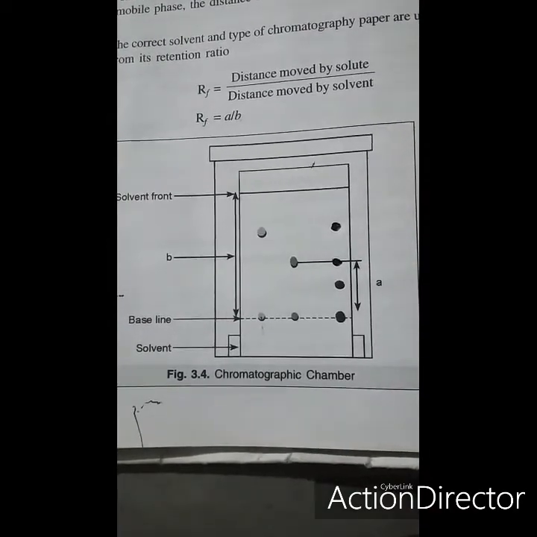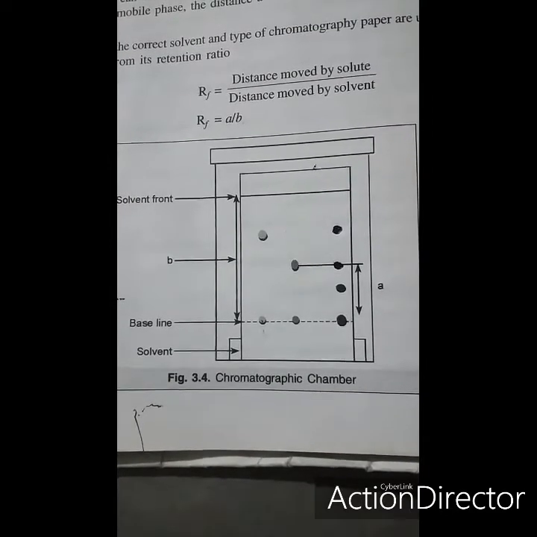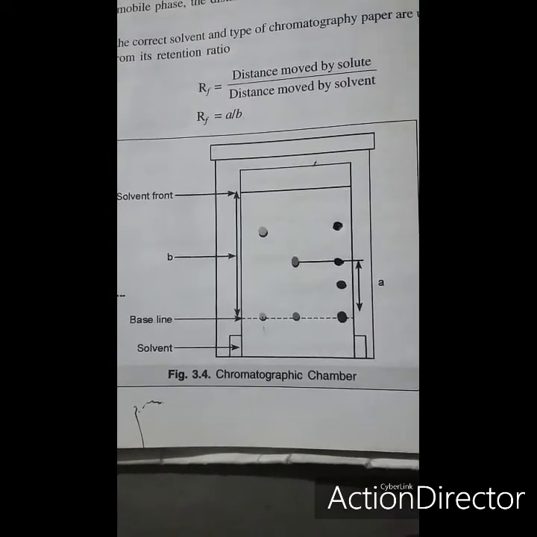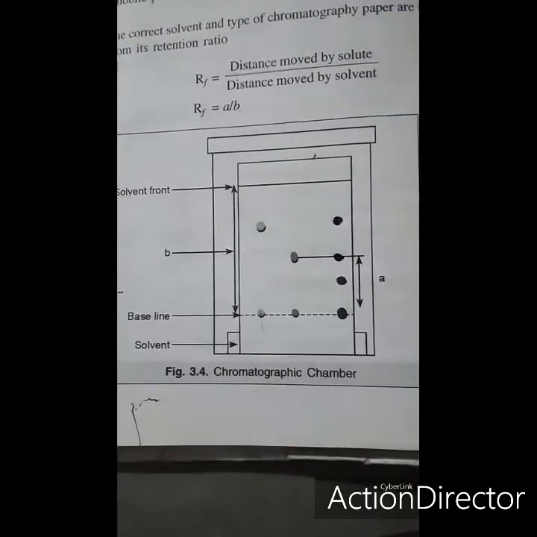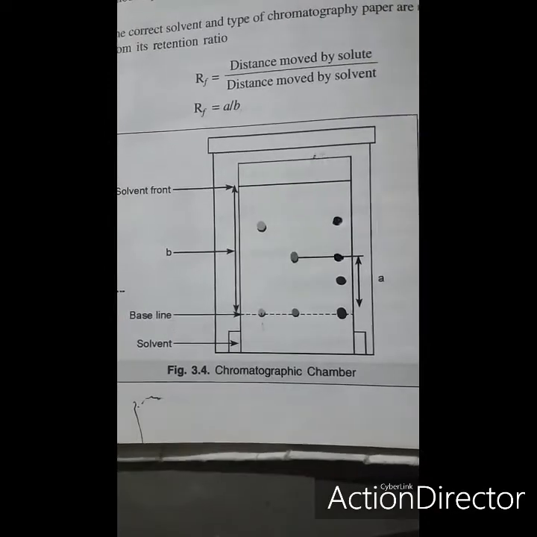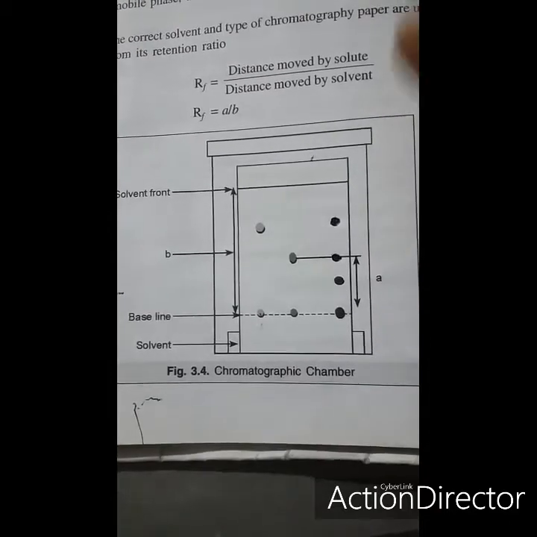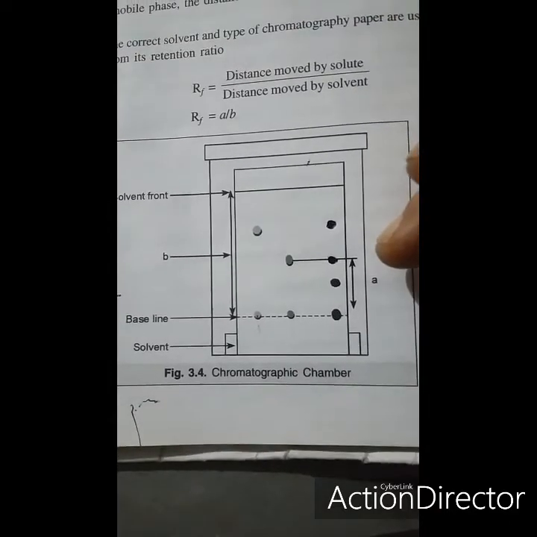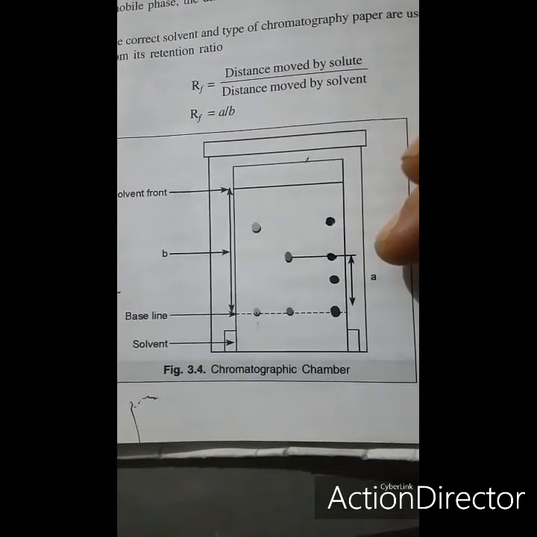Paper chromatography is used in the separation of mixtures having polar and non-polar compounds. It can separate very minute concentrations of substances, so it is widely used by forensic investigators. It is used in the identification of drugs in urine and blood, and it plays a very important role in the separation of amino acids.